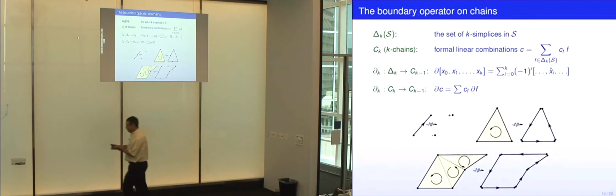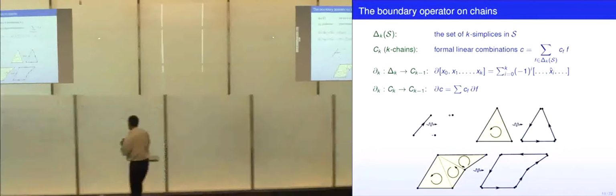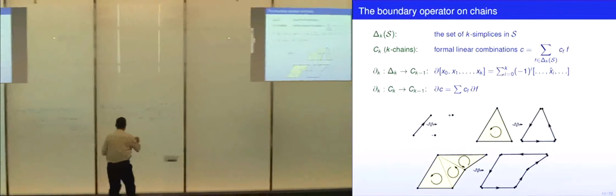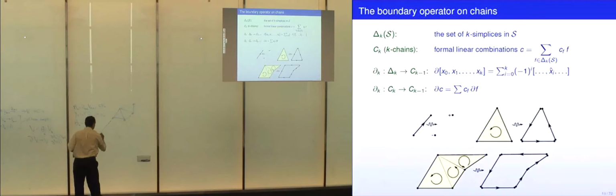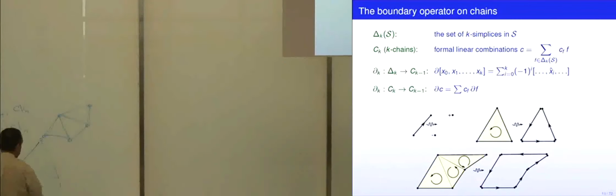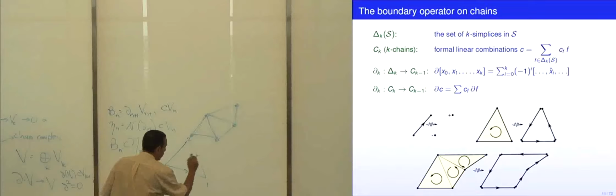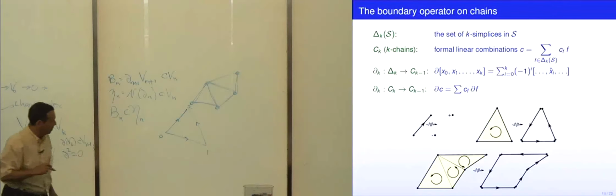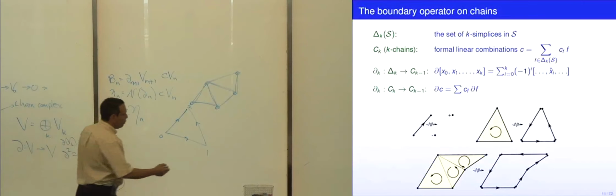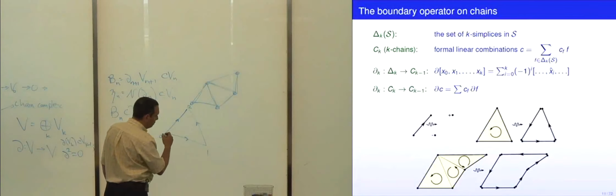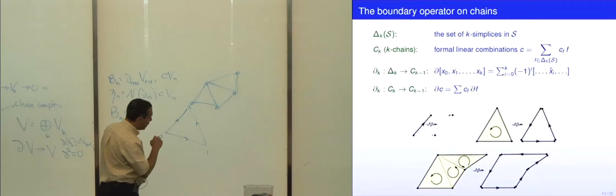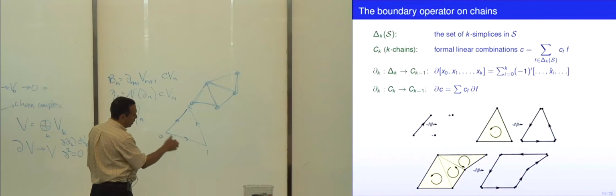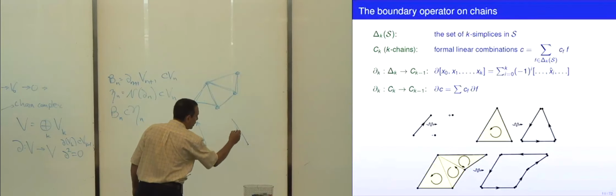So they're oriented simplices, and the picture is, if I have this triangle, 0, 1, 2, and so they're oriented in this order, increasing order. Then when I take the boundary of it, I leave out 0, so I get 1 to 2.